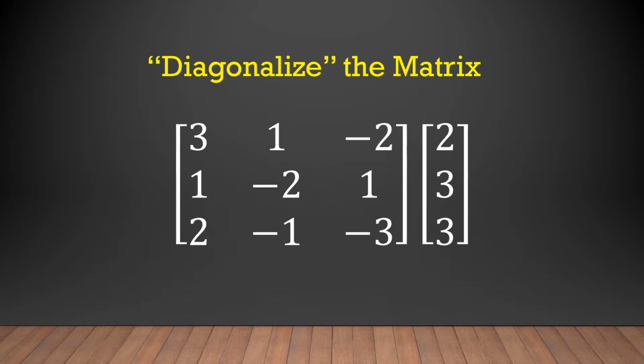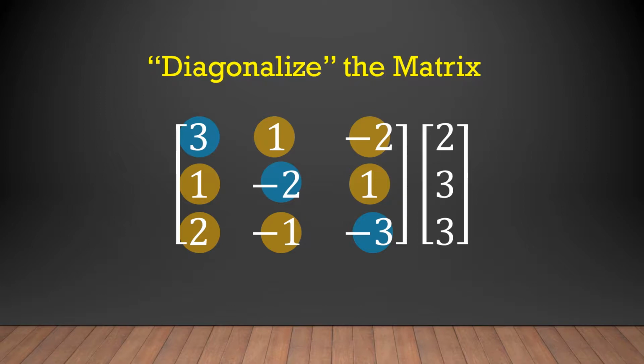So more specifically, we're going to turn that into a 0, that into a 0, that into a 0, and we're going to do it in that order. That's kind of important. Next, we're going to turn that into a 0, that into a 0, and finally that into a 0. Now, as we're doing all of that, the diagonal terms will be turning into 1s, and we will make decisions on how to do that as we go along.